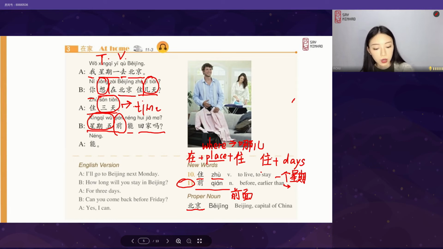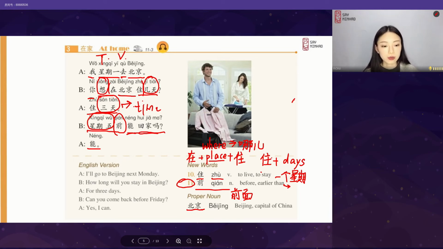So we can put a time point before 前, and we can also put a period before 前. Next one, 能回家吗？能 is another modal verb we've learned before, which means can do something. So 能回家吗？It is asking about a request. Can go home, and I said 能, yes I can.